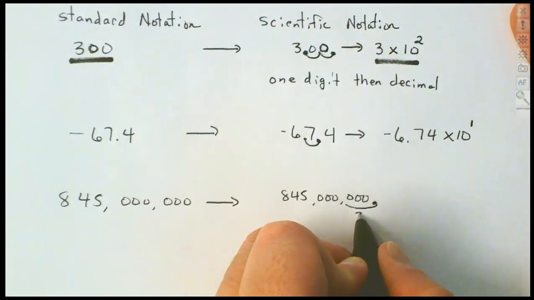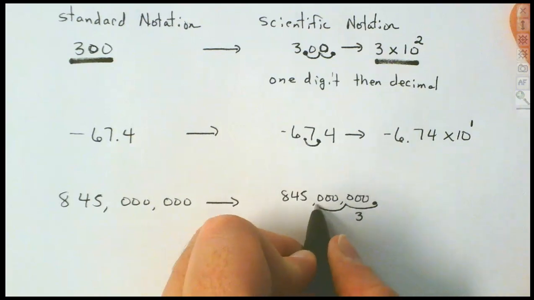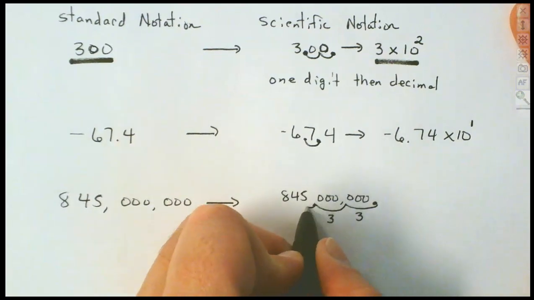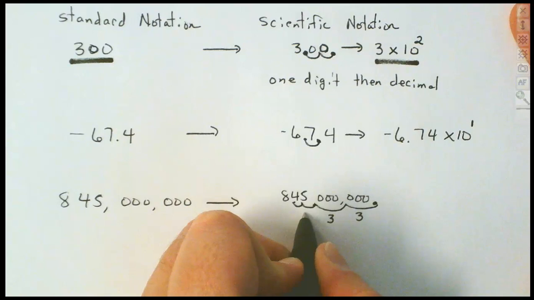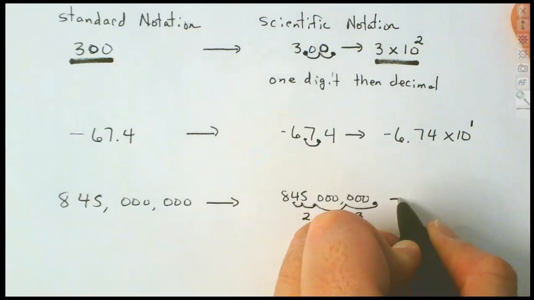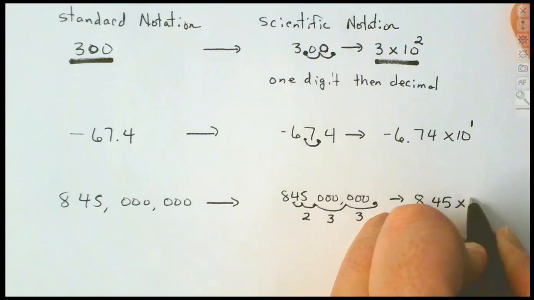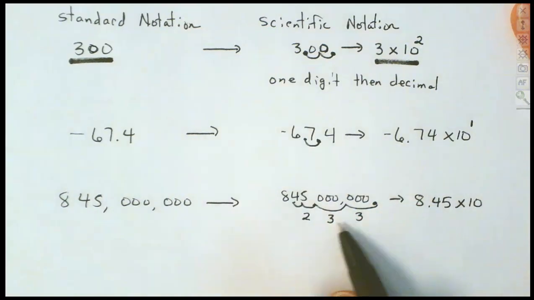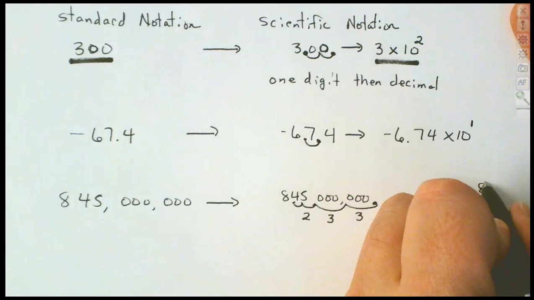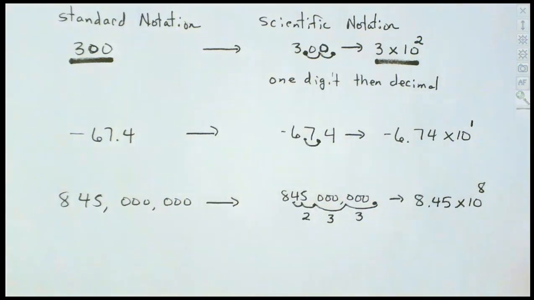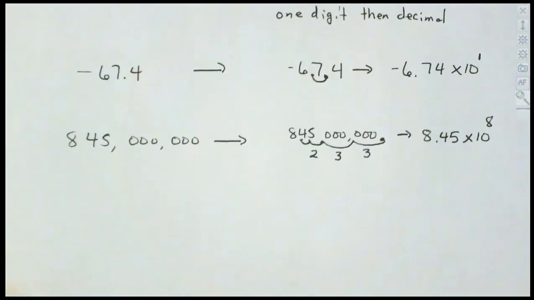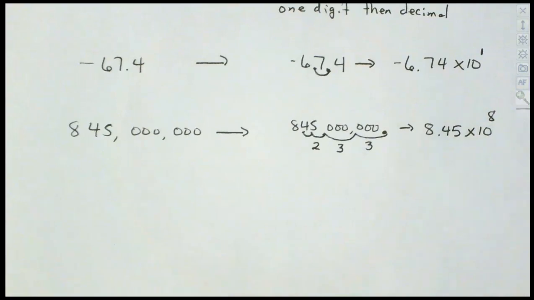Well, there's 3, there's another 3, and there's 1, 2. So that means we could rewrite this as 8.45 and add up the numbers below, and it looks like it's going to be times 10 to the what? 8th power. Okay. Is everyone okay with that?